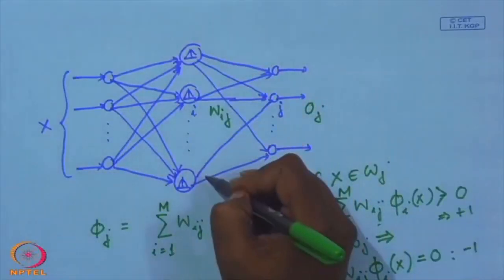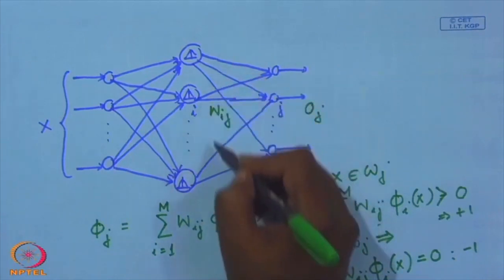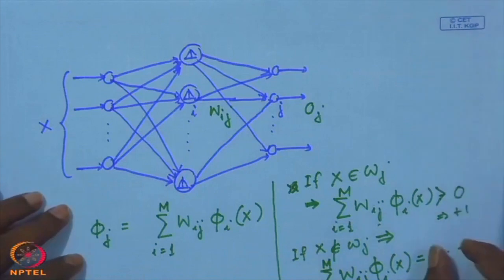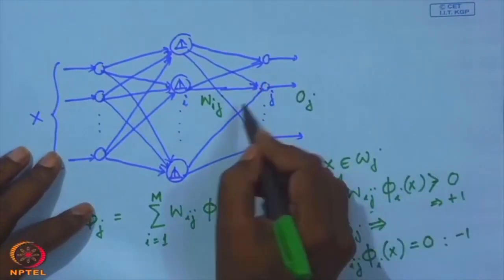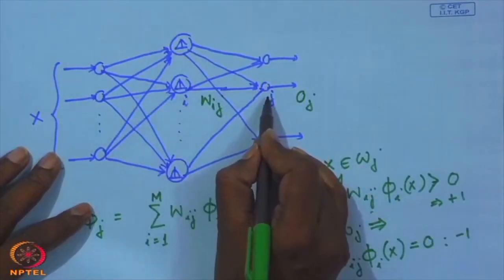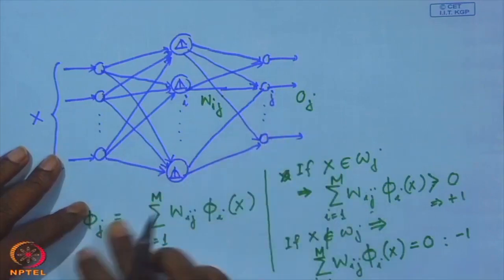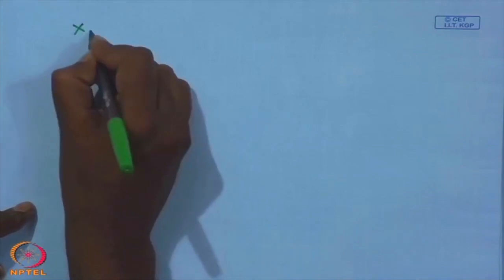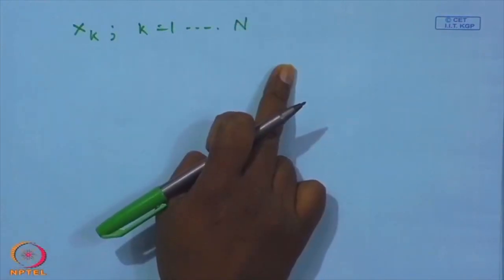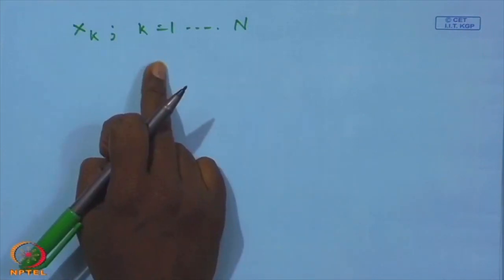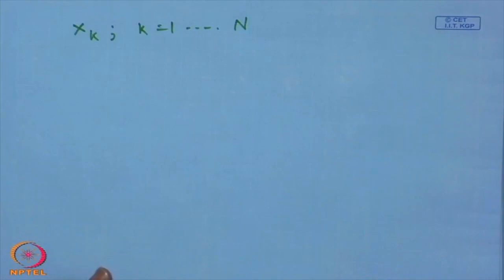That means, I have to find out what should be the values of these W i j. Now, if I right now consider only the connection weights which are connected to the jth node in the output layer, then for every vector x k, suppose I have capital N number of vectors, so I have vectors x k for k varying from 1 to capital N. I have capital N number of input vectors which are given for training purpose or for learning, as we are using supervised learning.